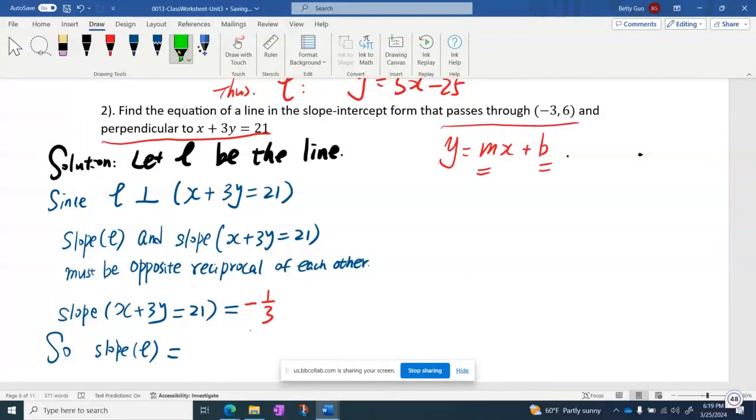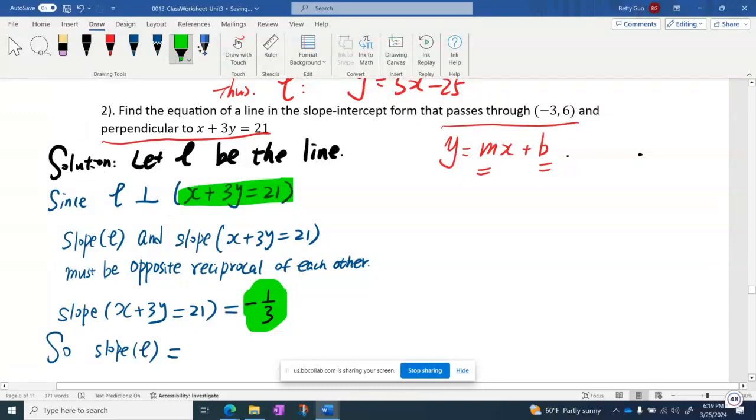The given straight line is the green one, and L is the line we're looking for. L and the green are perpendicular. So the slope of L and the slope of the green, which is -1/3, should be opposite reciprocals of each other. Then what's the slope of L? My question here is, what's the opposite reciprocal of -1/3?